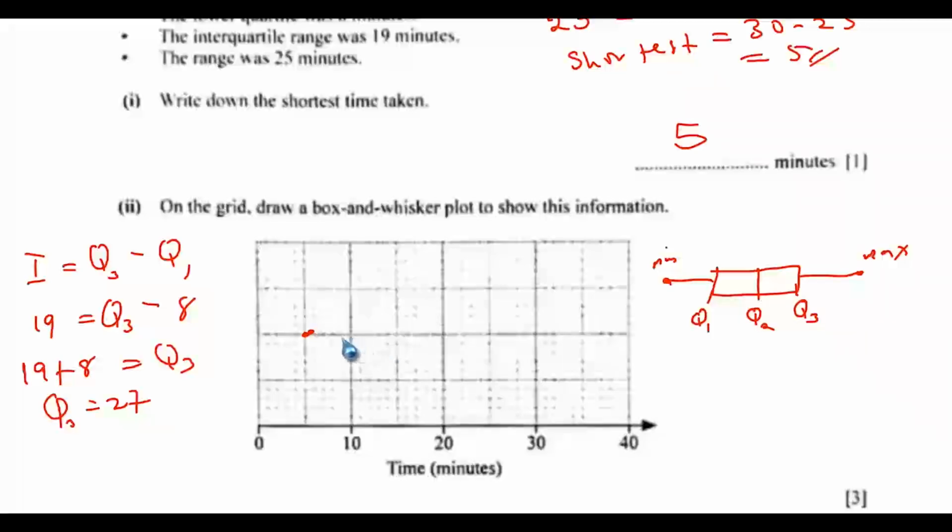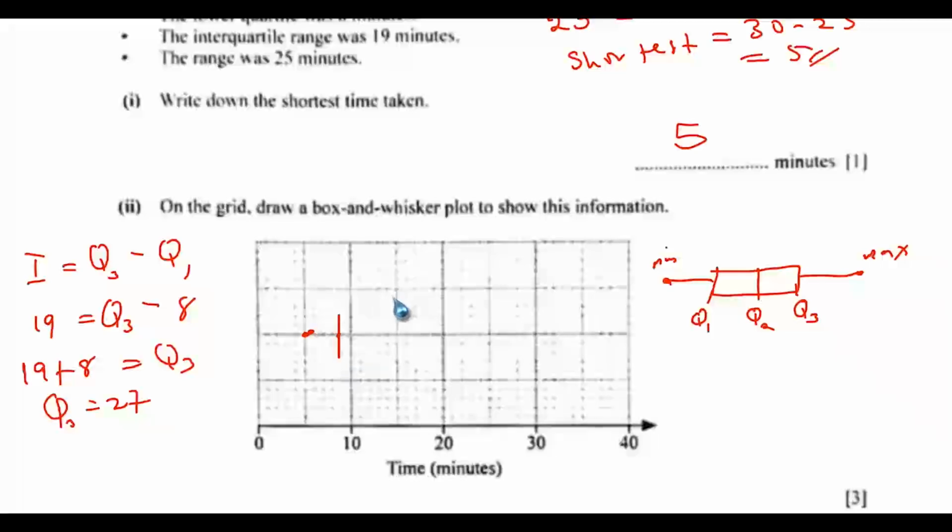So 8 will be here. So that means two steps before 10. Okay, so let me quickly draw a line here to get the height. So I can use 3 lines like this. Okay, something like this. Okay, good.